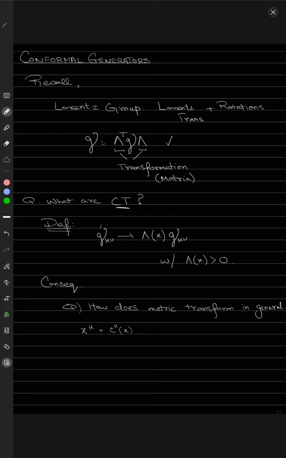Of course the condition is that this is small, a very small number. All right, so this would give you x prime mu. Let's make x mu the subject of our equation, so x mu is equal to x prime mu minus epsilon mu of x, right? So I have just rearranged this.